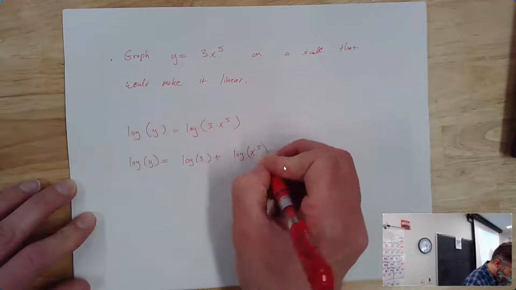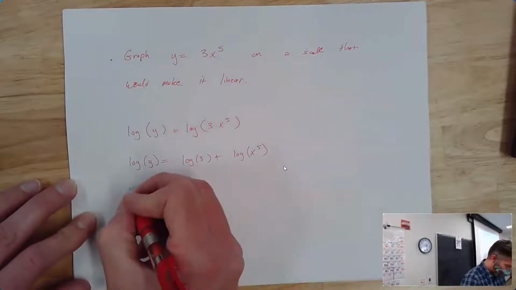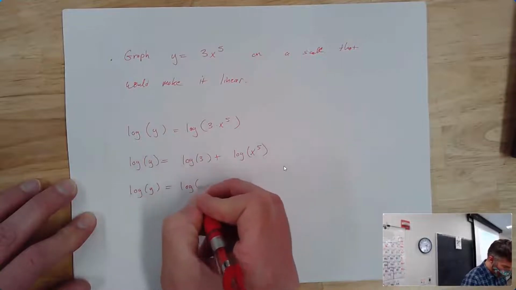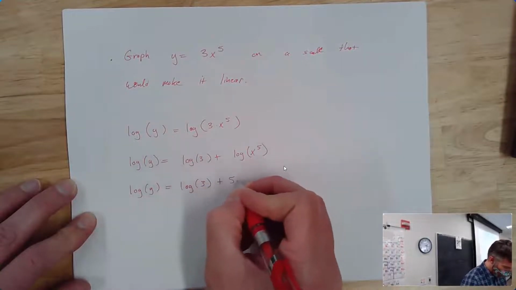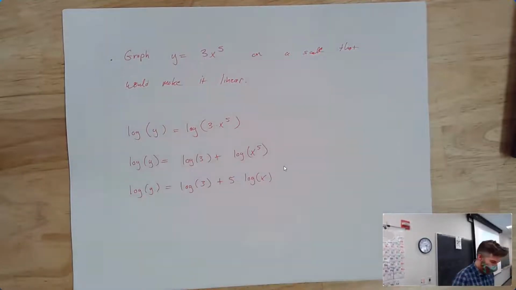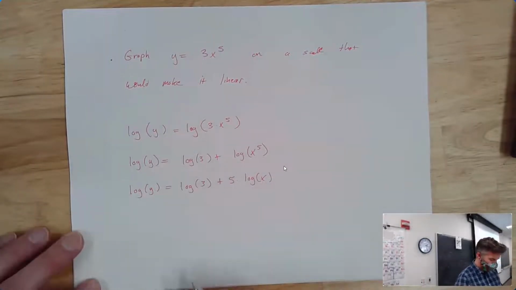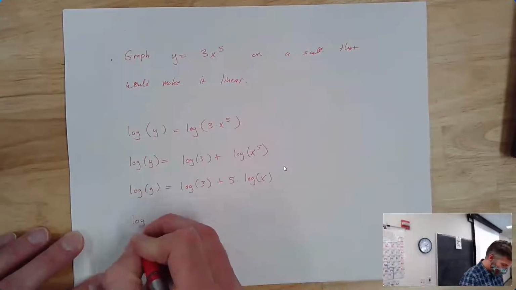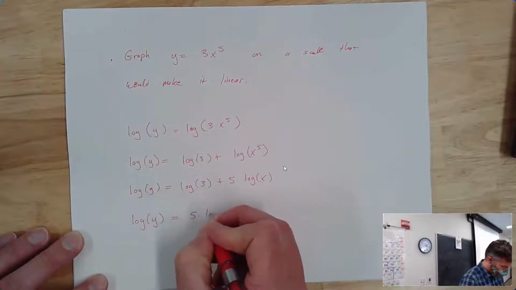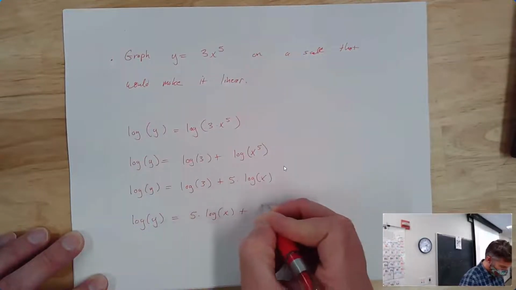Log of x to the 5th. And then we're going to have log of y equal to log of 3 plus 5 times log of x. And then most people would probably rewrite this as log of y equal to 5 times log of x plus log of 3.